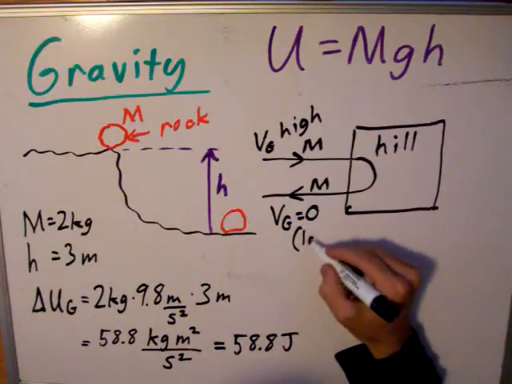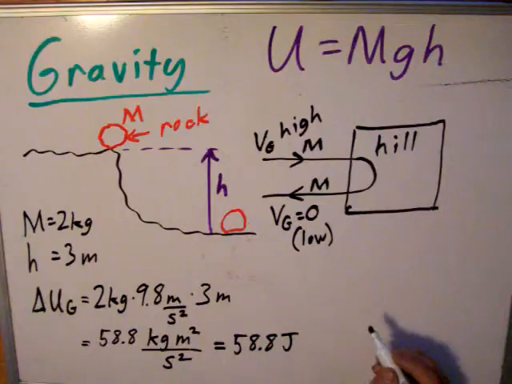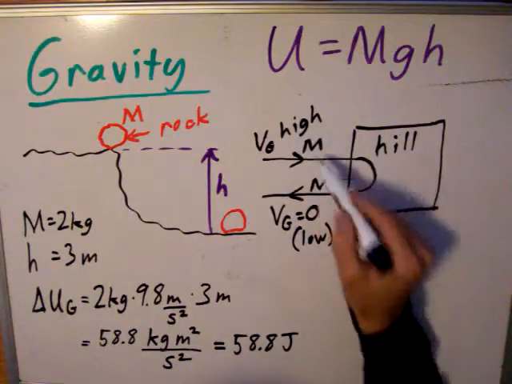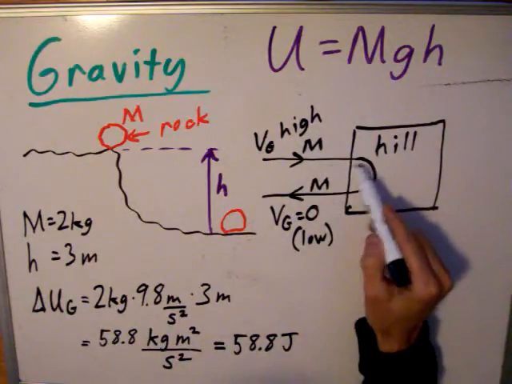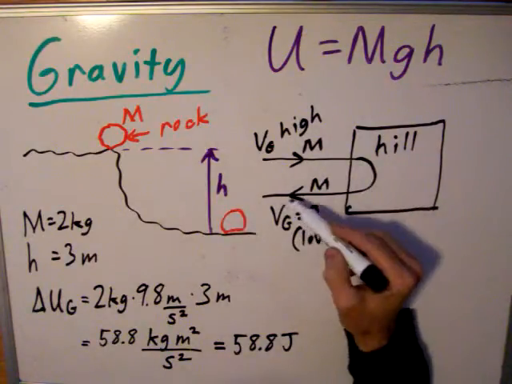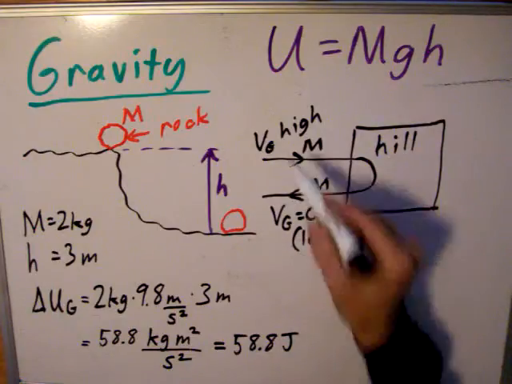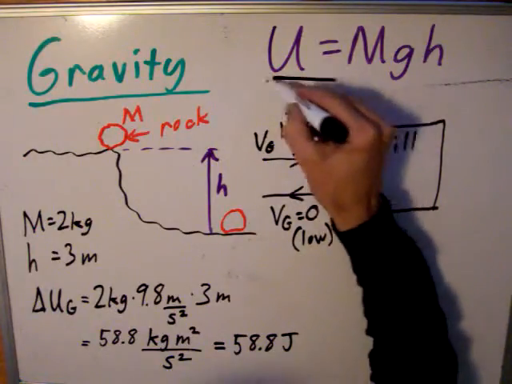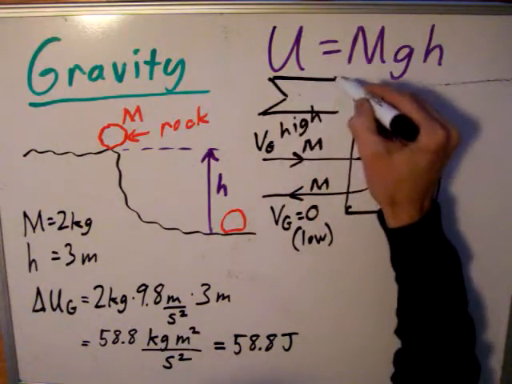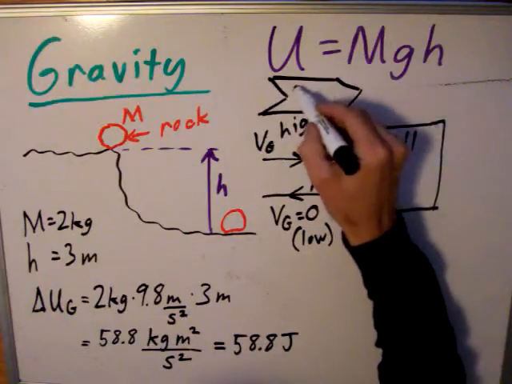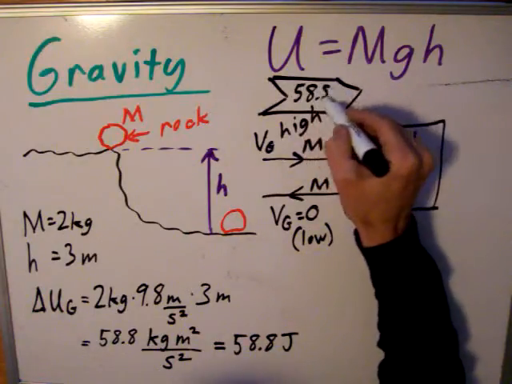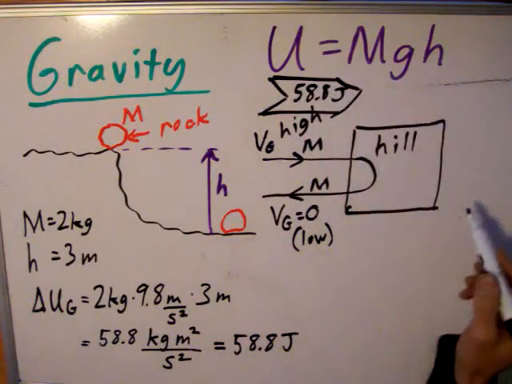You could also say it's low. Now, there's energy carried in here at the beginning and no energy carried back out here. So overall, you could say that there's an energy flow to the right, which is 58.8 joules, to be precise.